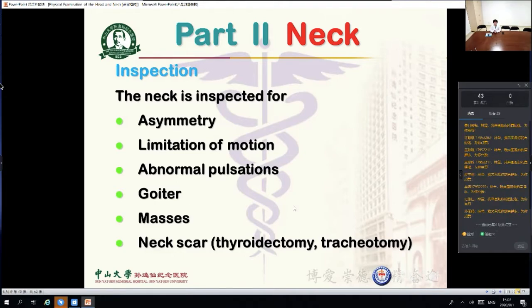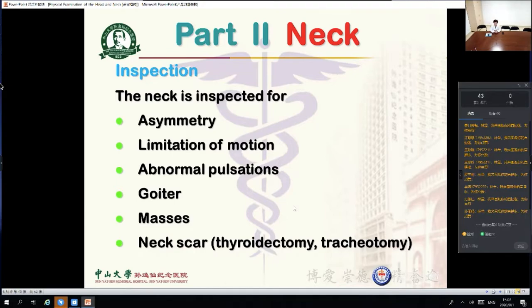This semester is very different from past years. In past lectures, I was able to show the physical examination of the neck, especially the examination of the lymph nodes and the thyroid gland, on a real model, using your classmates.